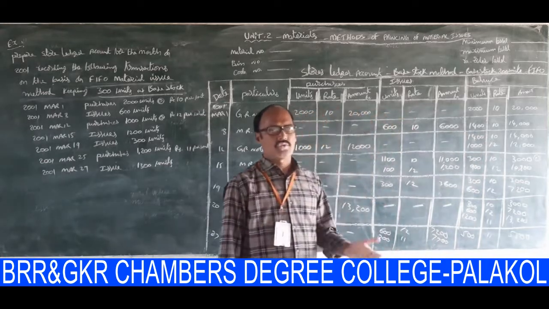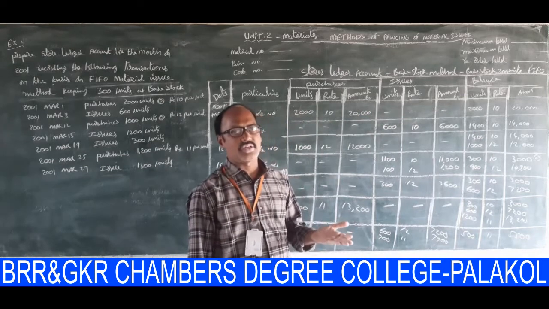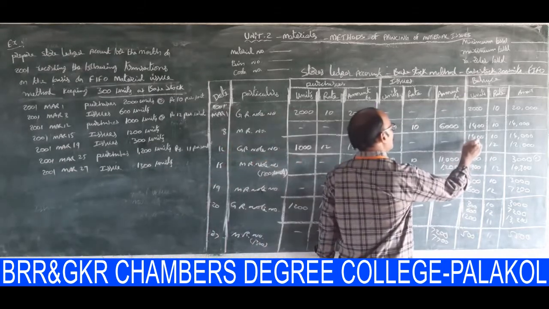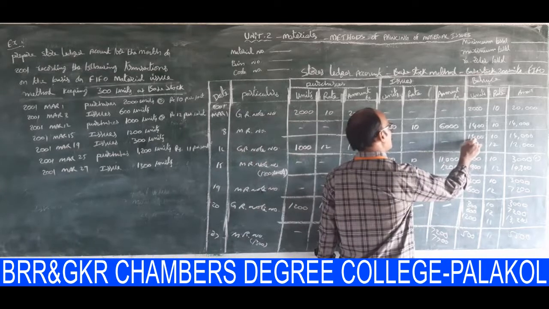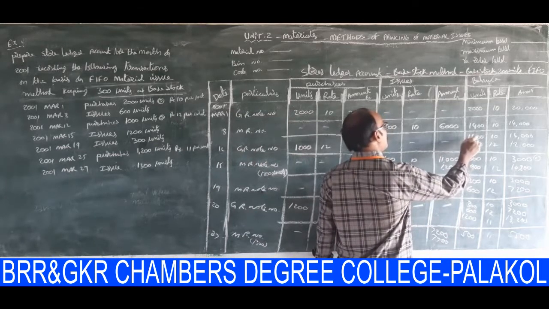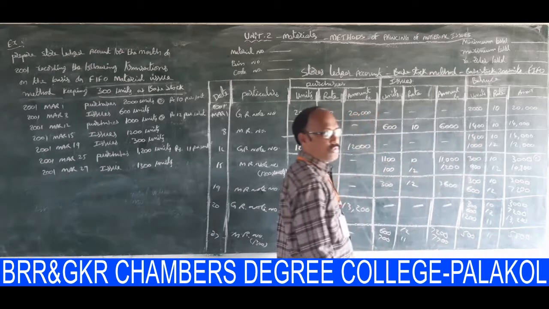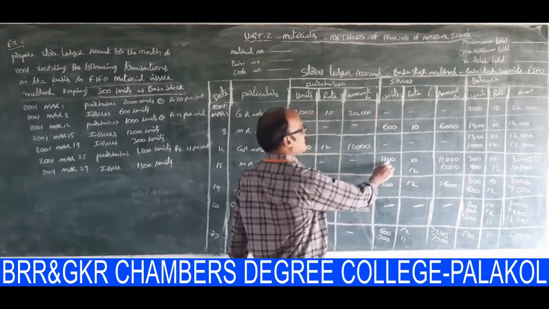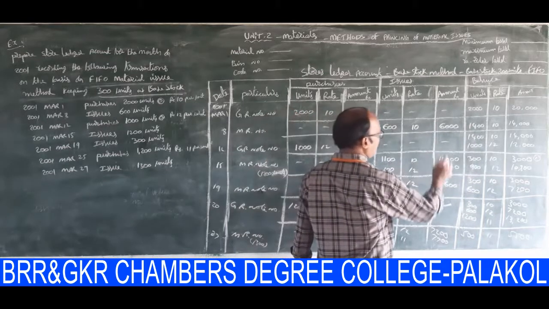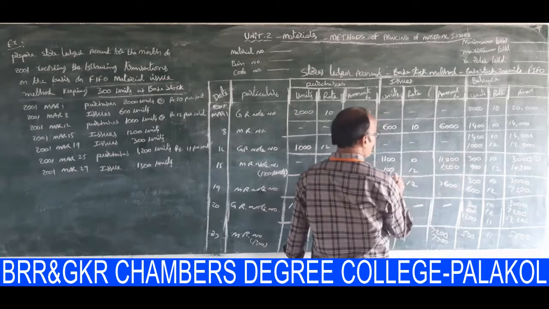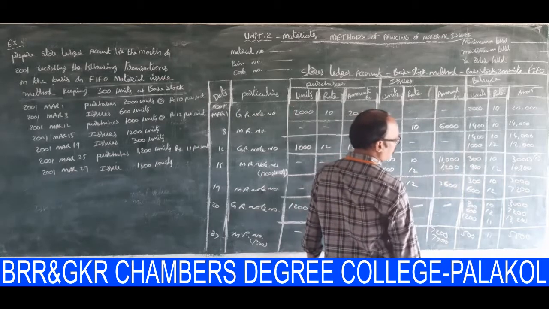But here we should maintain 300 units of base stock from this. That's why the remaining 1,100 units are eligible to issue. So 1,100 into 10 is equal to 11,000. Remaining 100 units are issued from this. So 100 into 12 is equal to 1,200.